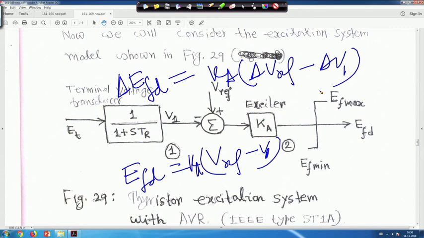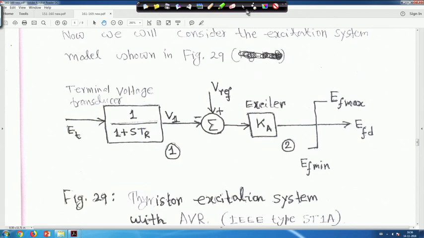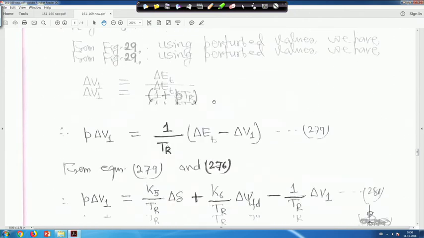So, this is delta EFD. Because this we will use in the next equation, right.